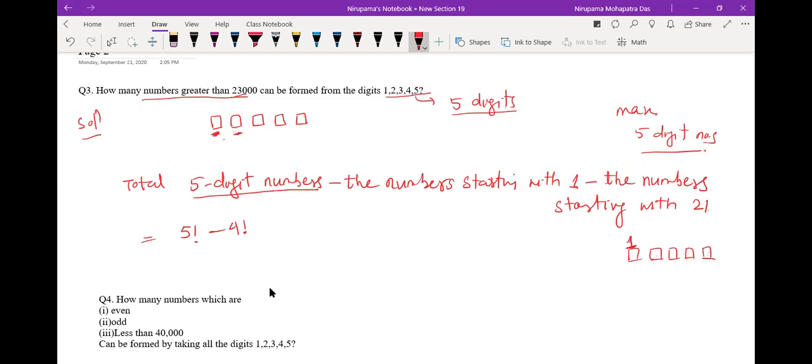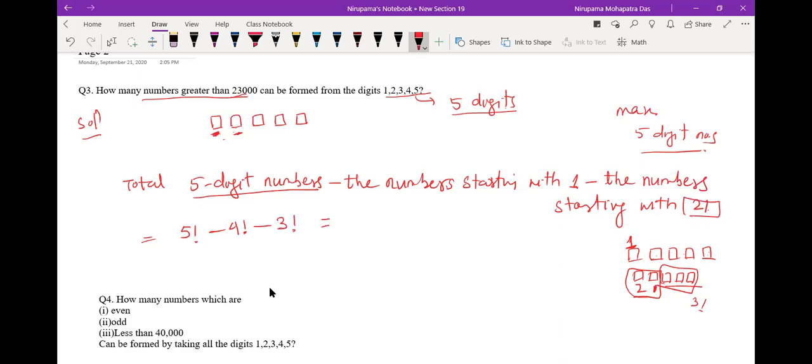Now in the next case, the numbers starting with 21. Here I have fixed 2, 1, so I have 3 places and the remaining 3 digits. This will be done in factorial 3 ways. So the numbers starting with 1 are factorial 4, and the numbers starting with 21 are factorial 3.